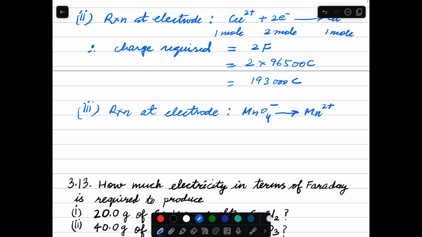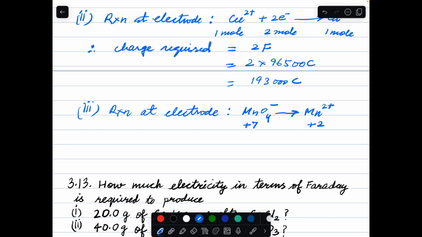Now in this case directly we cannot show addition of electron, okay, because with manganese on the reactant side we have oxygen atom also. So in such cases it is better to write down the oxidation state of the metal which is undergoing conversion. So here manganese is undergoing conversion. Here oxidation state of manganese is +7 in permanganate ion, and it is coming to +2. That is decrease in oxidation number. Therefore, it is reduction process.